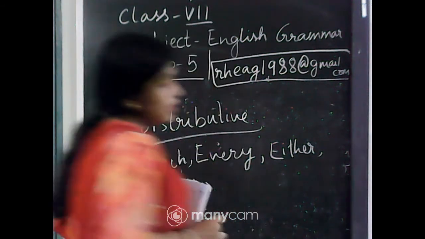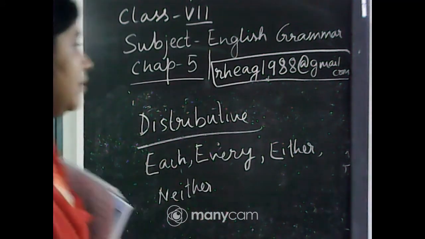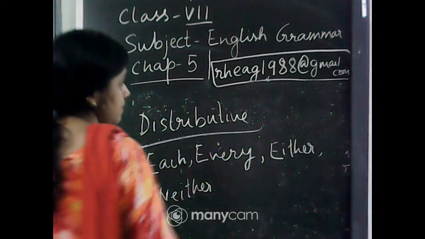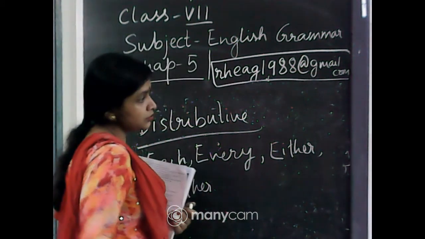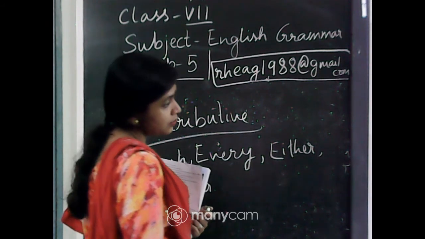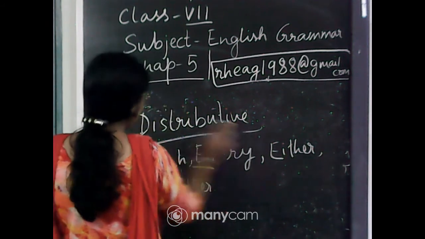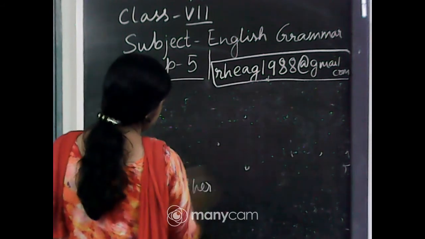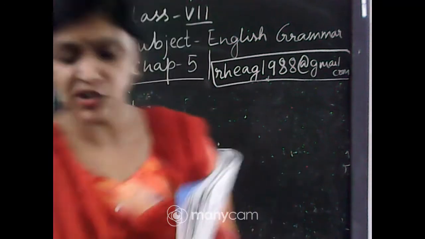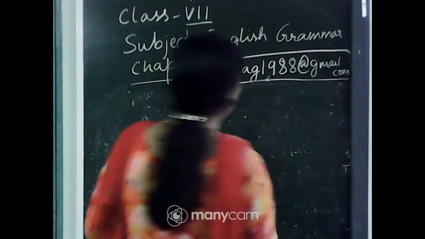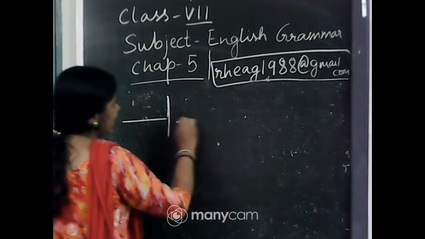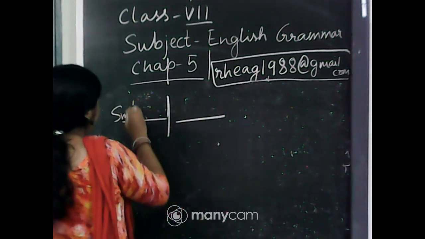Okay, so let us do the exercise. Each and every can be used alternatively. One rule which is given is for a smaller group we use each, for a larger group we use every.